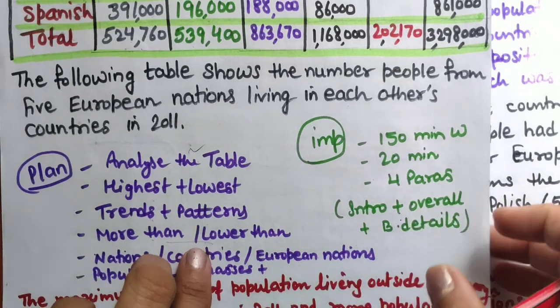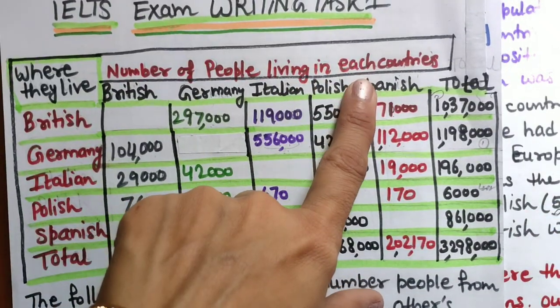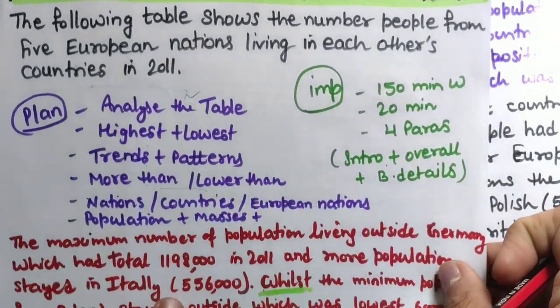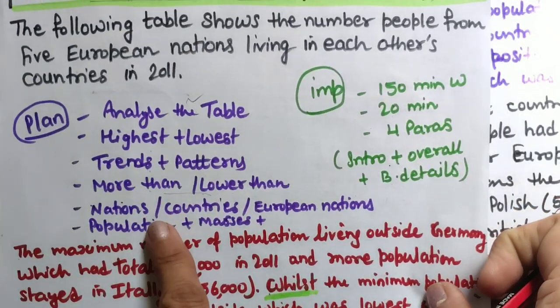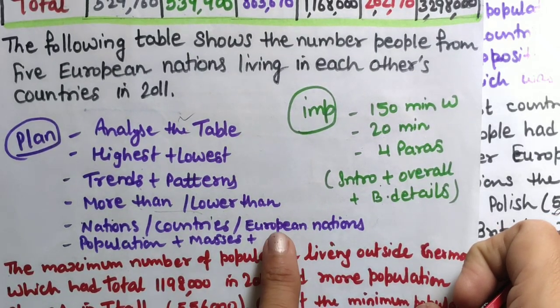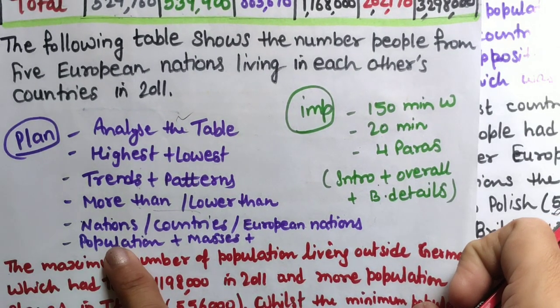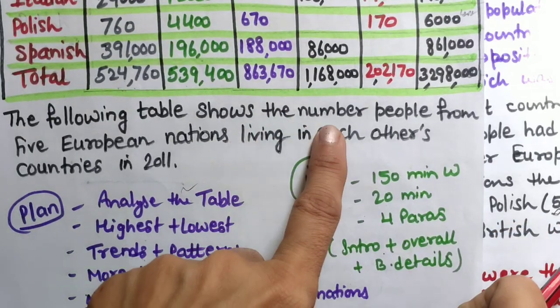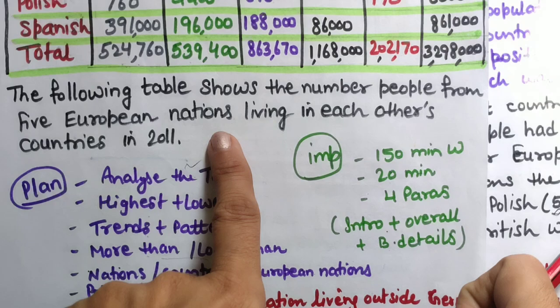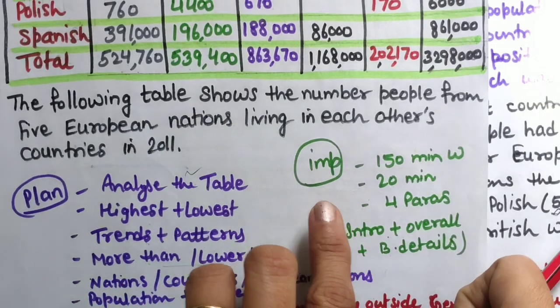Instead of nation, because here they are talking about nations and countries, we can change these words to countries, European nations, or regions in Europe. We can say population, number of people, masses, populace, individuals or citizens of Britain, and all these words we can use.